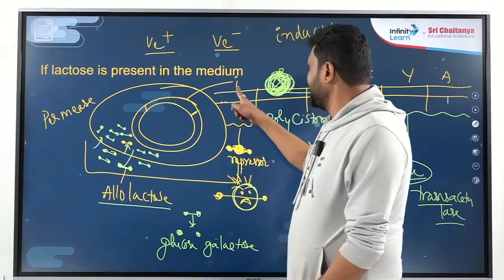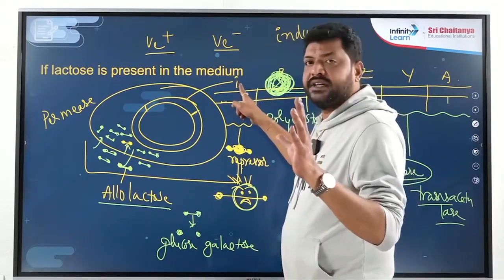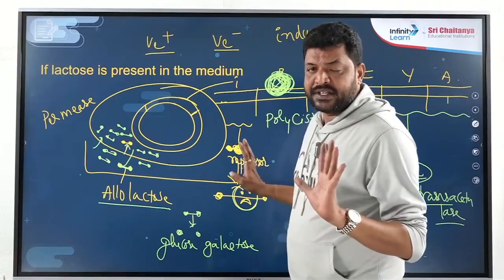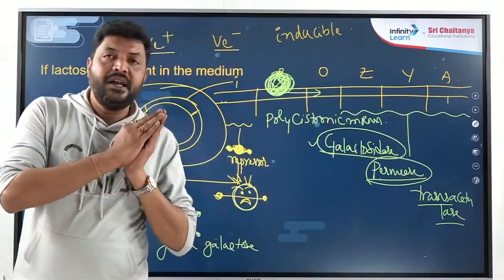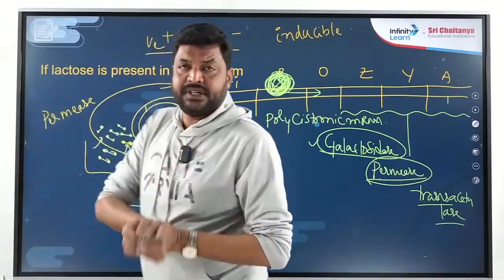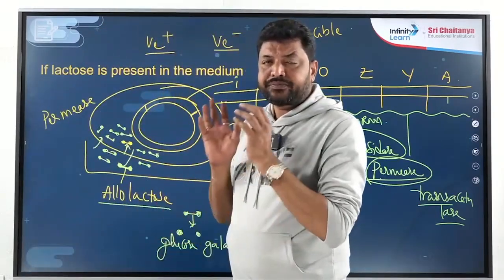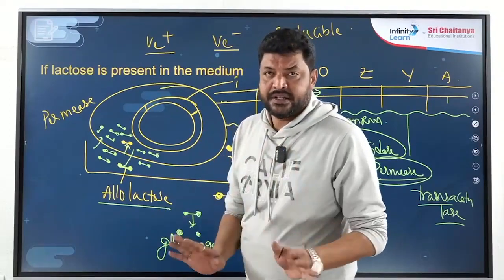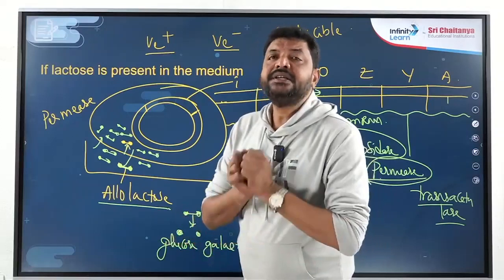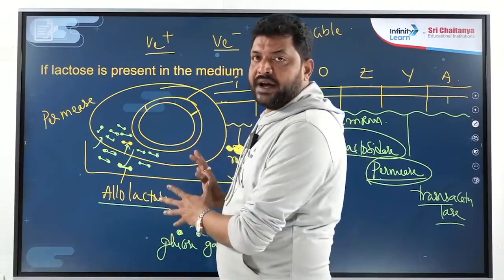That is lac I, the regulatory gene, which always produces the repressor. Question number 3: is the binding of the repressor to the operator permanent or tentative? This is absolutely tentative. Was it clear? These are the questions related to lac operon.